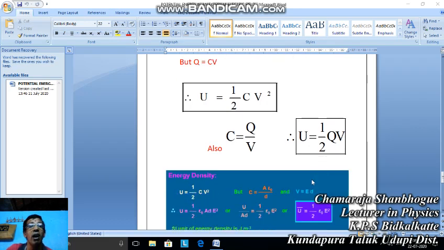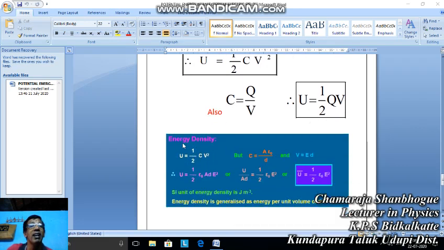In this they will also ask, what do you mean by energy density? Energy density means energy per unit volume. Already we know the formula for energy stored in a capacitor, that is half CV square. In the previous class we studied that the capacitance of the parallel plate capacitor with air as medium between the plates is given by A epsilon naught by d.